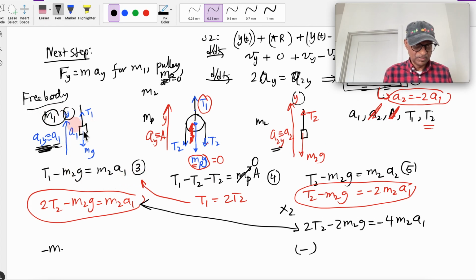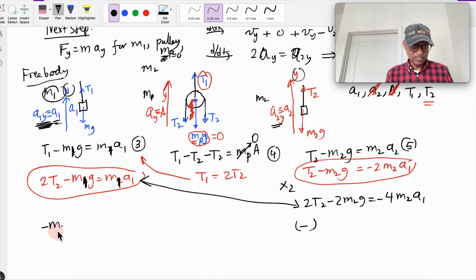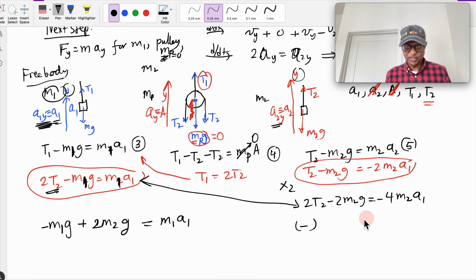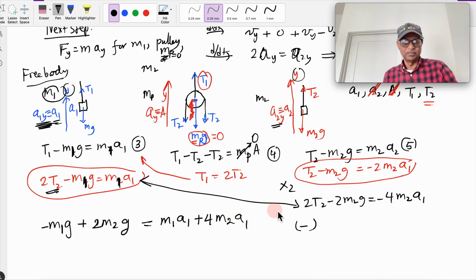This was M1, so this is M1, M1, M1. T1 is correct. This is M1. So minus M1g on the other side is M1 A1 from this equation, because this guy will cancel that guy. This will become plus 2 M2g, and that becomes a plus 4 M2 A1.